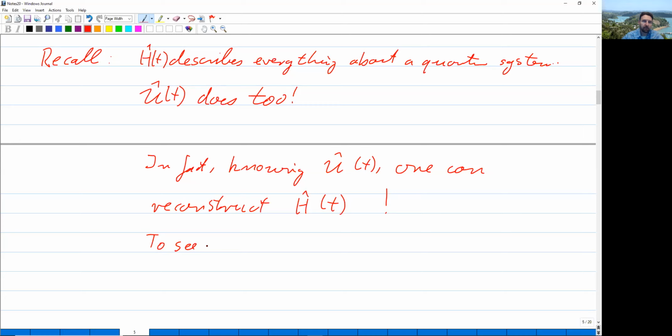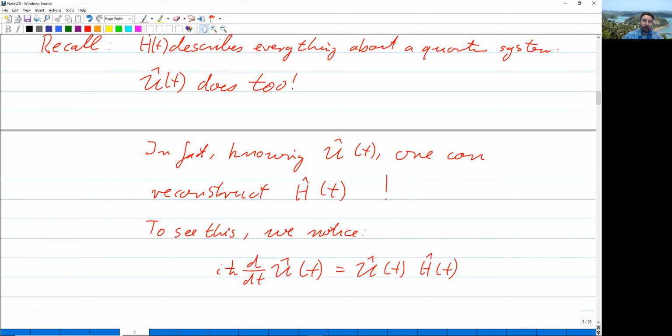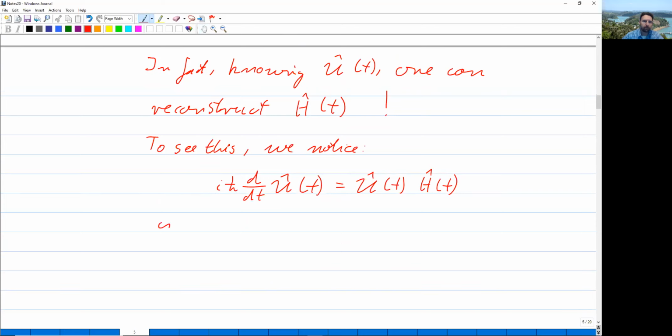To see this, we notice that the equation of motion obeyed by our time evolution operator implies, by multiplying with the inverse operator from the left, we get rid of the u hat of t here entirely, and we just have it over there.